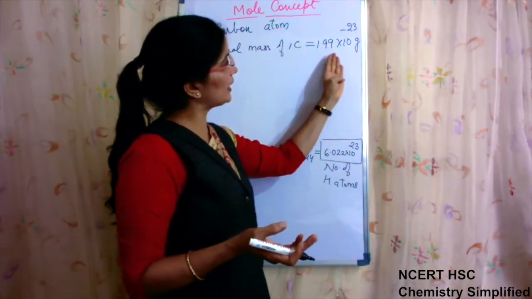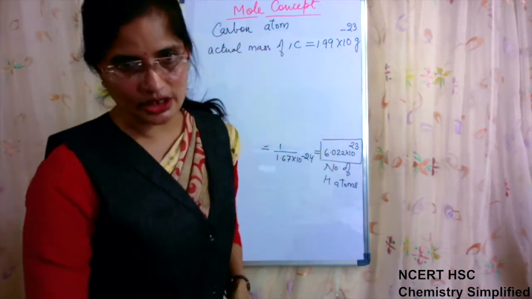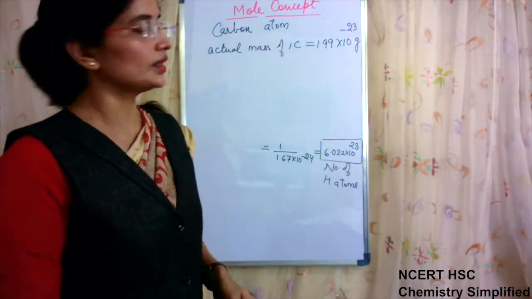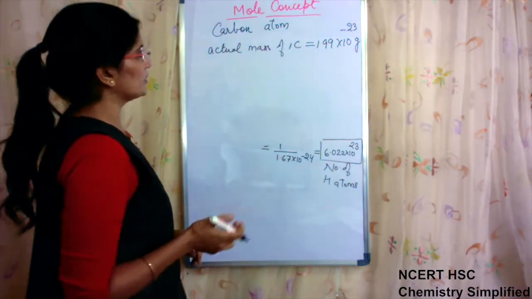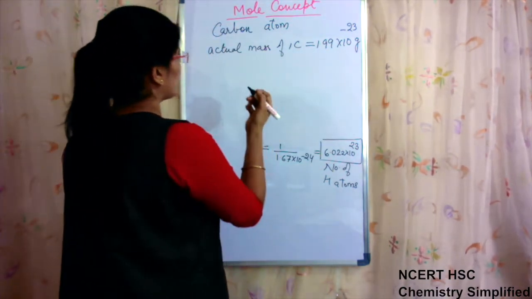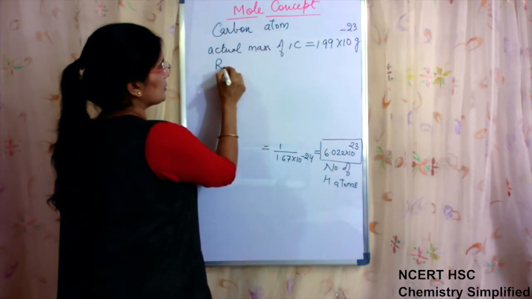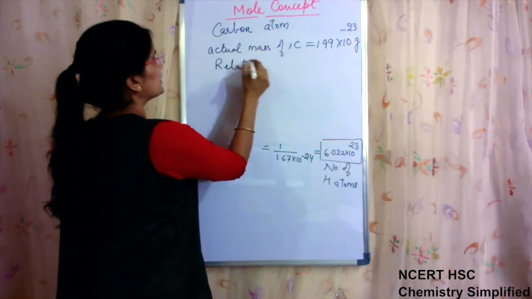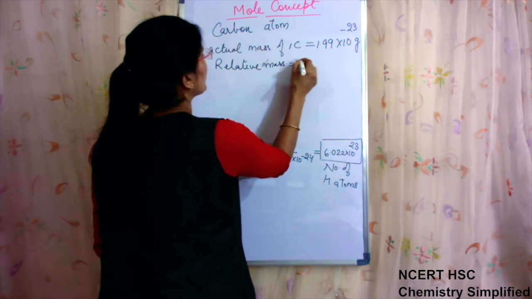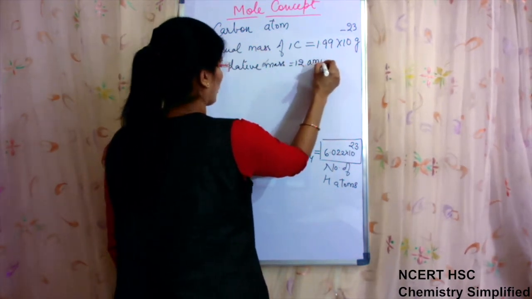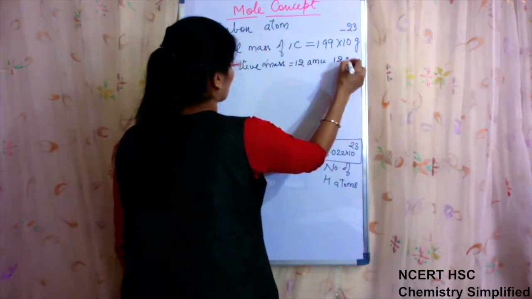So 1.99 into 10 to the power minus 23 grams is the mass of one carbon atom. Again, with the help of the unitary method, we'll write. What is the relative mass? The relative mass of carbon we write as 12 AMU, or in grams we write as 12 grams.